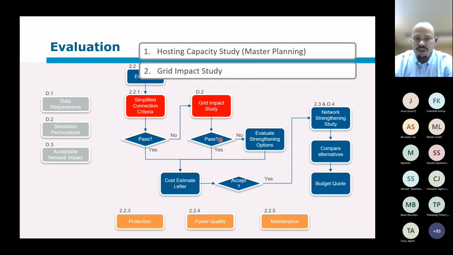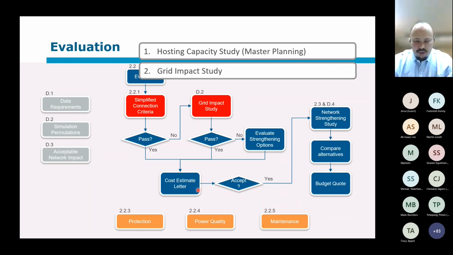So your planners would have an idea of what one can do at this point and say, okay, I've got these options. Let's see what that's going to cost. And that would typically then go into a cost estimate letter. So the idea is that this cost estimate letter can be done relatively quickly without investing too much time in this process.